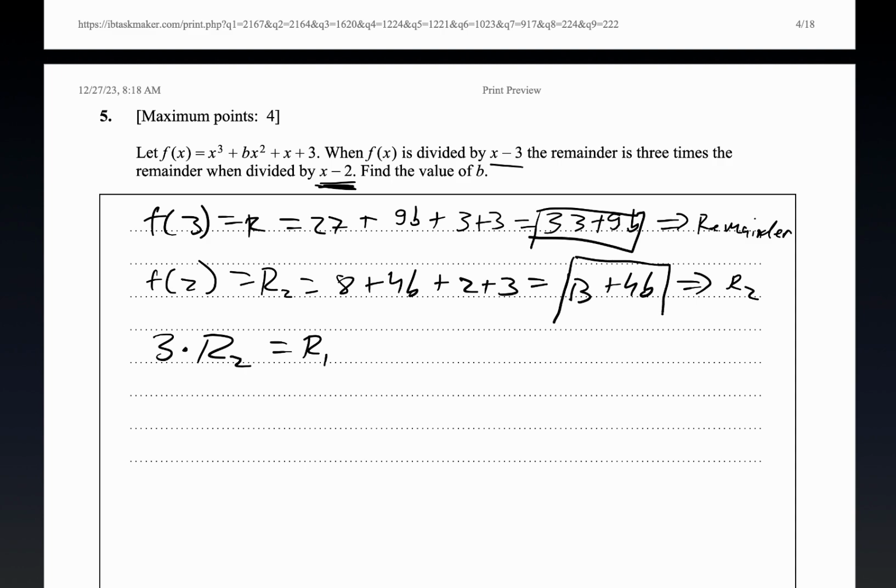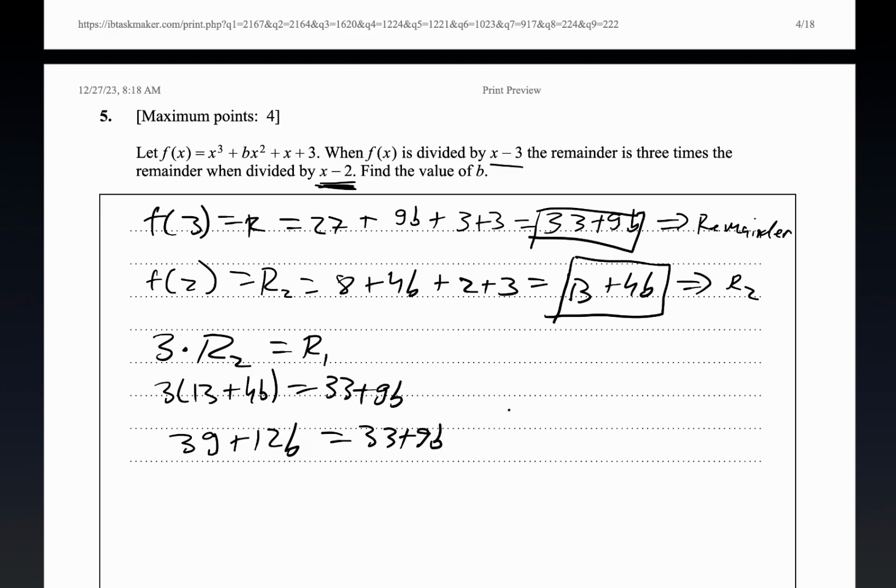Let me just write this like that, okay? So 3 times 13 plus 4b equals 33 plus 9b. So 3 times 13 is 39 plus 12b equals 33 plus 9b.